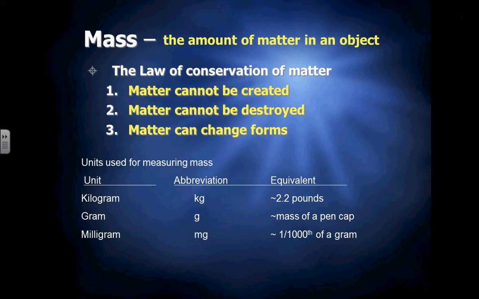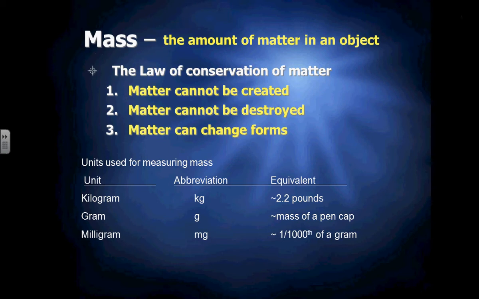So, if I take a piece of paper and I burn it, am I destroying the matter? But it's gone, right? That's right, it's changed. It's not gone. I didn't destroy the matter that made up that paper, but I've transformed it.